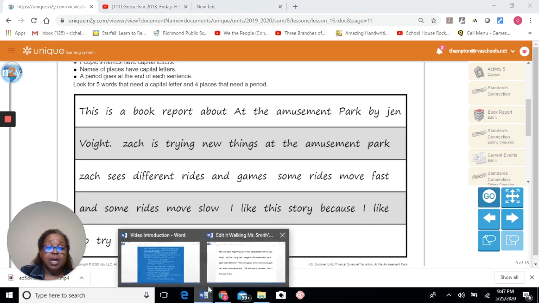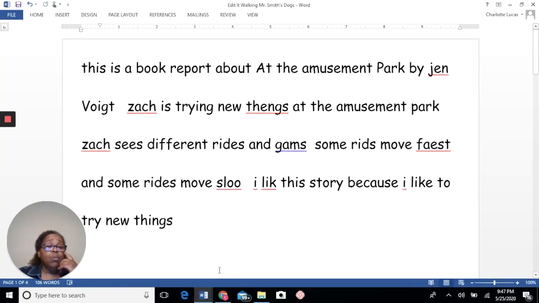So let's go to our document, the Word document. And what I like about the Word document is when you type in a Word document, your errors for spelling will show up. So you see these red squiggly lines? That means that something's wrong with that word.